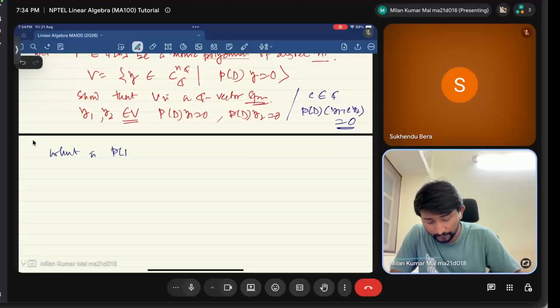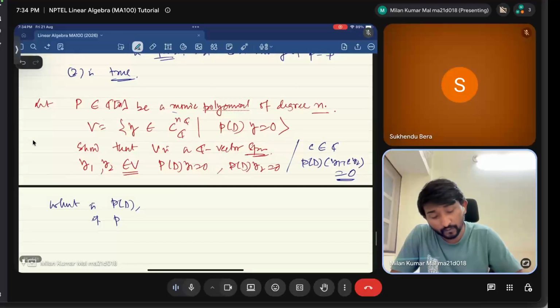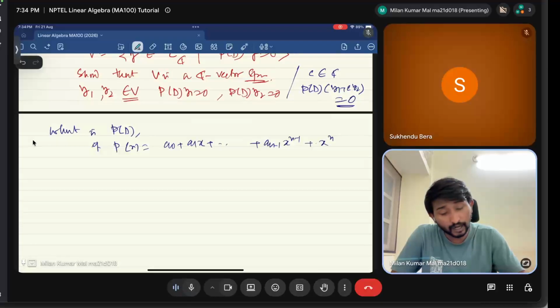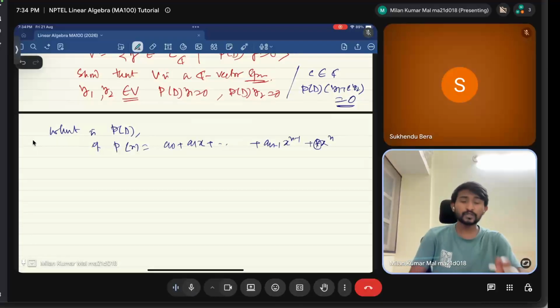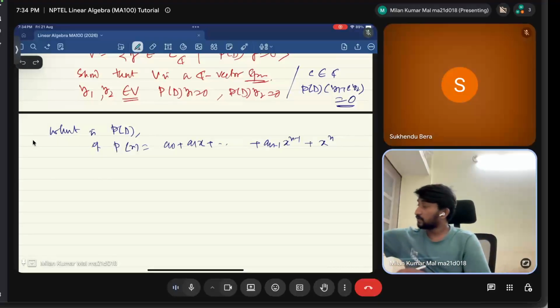If P is the monic polynomial P(x) = a0 + a1 x + ... + a_{n-1} x^{n-1} + x^n. As it is monic, the coefficient of the highest degree term has to be 1. So what is meant by P(D)?